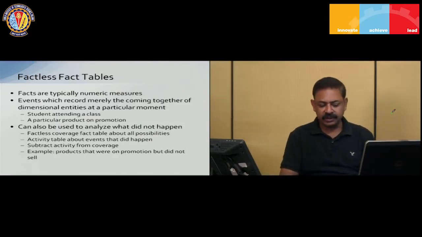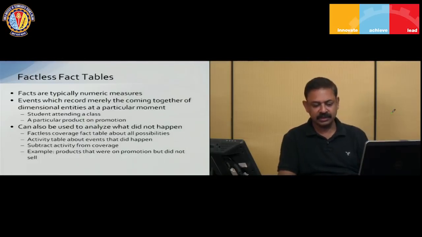Now what kind of fact can we associate with this kind of event? There are no natural facts that come to mind. The same with a product and promotion. When you put a product and promotion, there are hardly any facts that we can actually store.